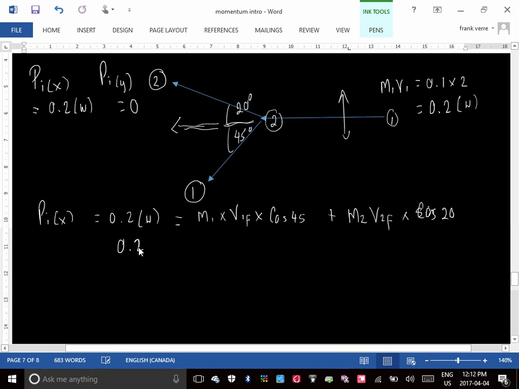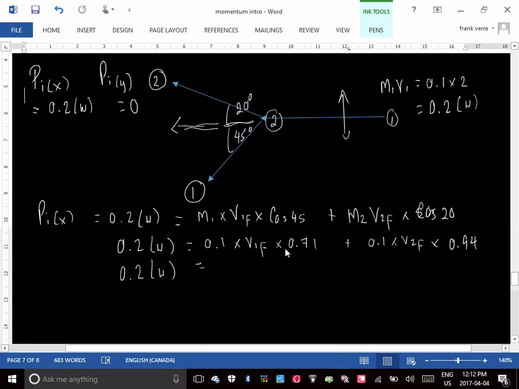So 0.2 west equals ball 1 times its speed. So what's cosine 45? 0.71, times 0.71, plus ball 2 times its speed. What's the cosine of 20? 0.94. Okay, so let's simplify this a little further.